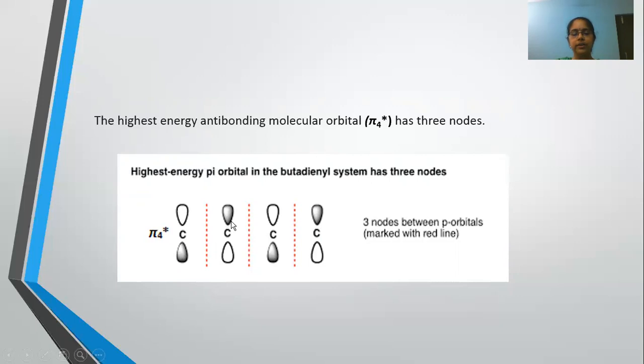All the phases of the p orbitals alternate, so there is completely destructive overlap among the p orbitals of the 4 carbon atoms. So this possesses the highest energy with 3 nodes. This is the representation of the molecular orbitals of butadiene.